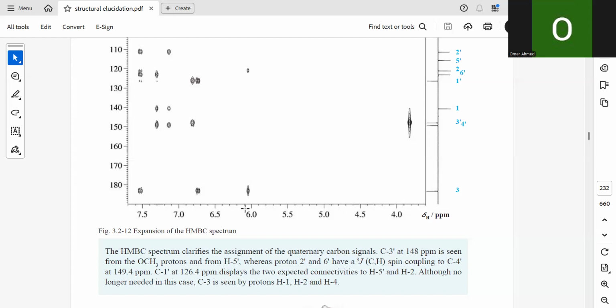Carbon 1 prime at 126.4 ppm displays the two expected connectivities, to hydrogen 5 prime and hydrogen 2, although no longer needed in this case.